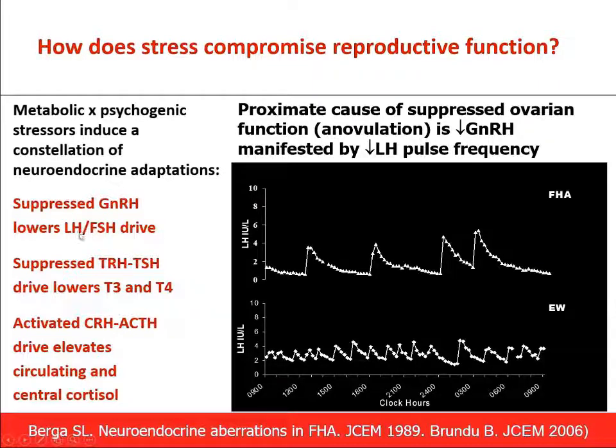And that can present as shown here. These are LH pulses. These pulse patterns were derived by obtaining blood every 15 minutes for 24 hours and then measuring LH in duplicate and then plotting the values. So this is a eumenorrheic woman with a progesterone that was in excess of 10 nanograms per ml in her luteal phase. And this is a follicular phase pattern, roughly day 3 through 5, of LH.